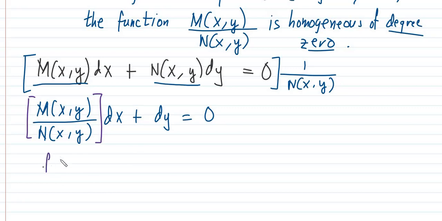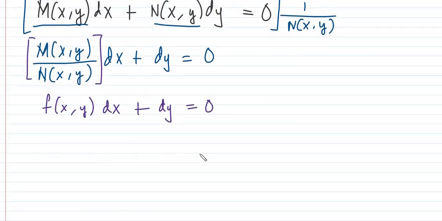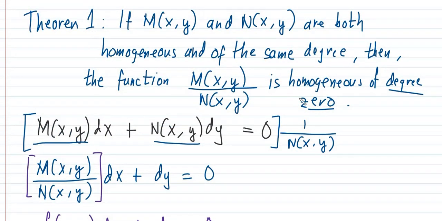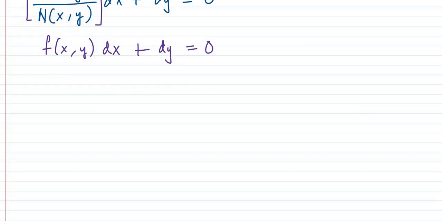It will produce a new function which is f of xy dx plus dy is equal to 0, the result of the division of M of xy over N of xy. We know by theorem 1 that the quotient is homogeneous and of degree 0. Remember that, because that is very important in our next theorem.